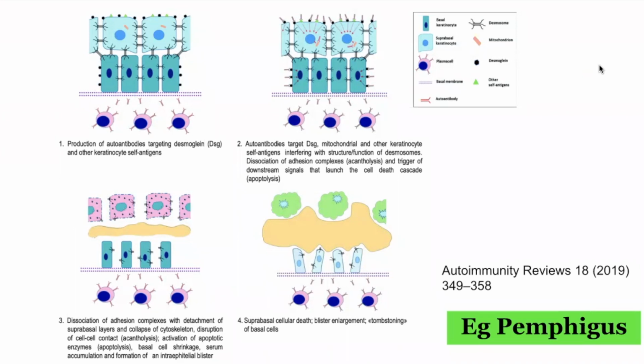And that causes separation of the skin cells, which then allows fluid to form in this space, which then creates a blister. And how high or how low the level of the blister is in the skin will correspond to the areas in the skin where there is an issue with the junctional protein, and that corresponds to the protein that is affected, whether that's, for example, desmoglein proteins in the upper layer of the epidermis, or something such as collagen type 7, which is deep in the subepidermal layer.